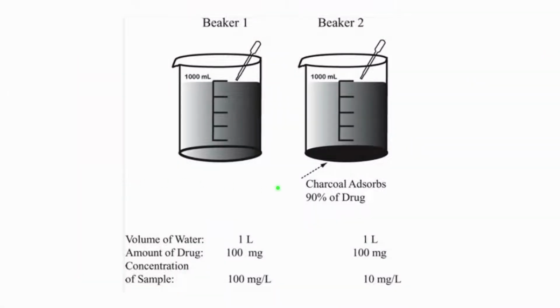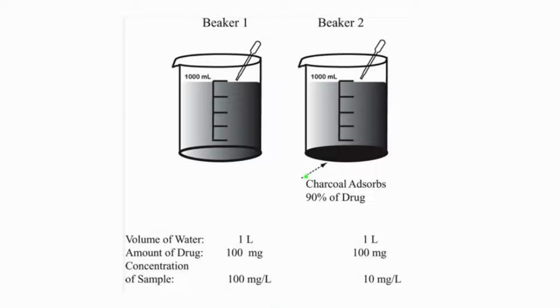Now, when we put a chemical compound in water, it's easy to calculate concentration. Say, if I have 1 liter of water, I put 100 milligrams of chemical compound, I have a concentration of 100 milligrams per liter.